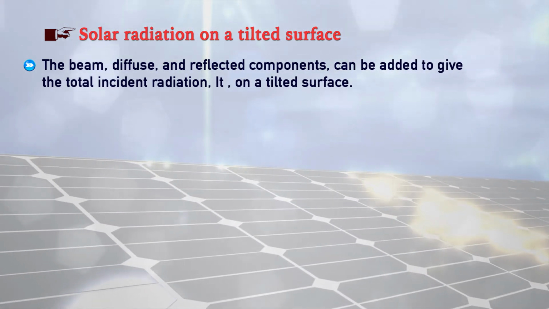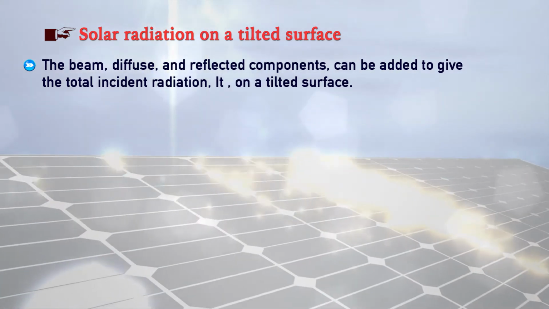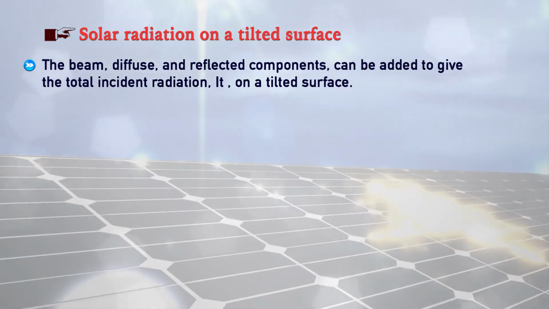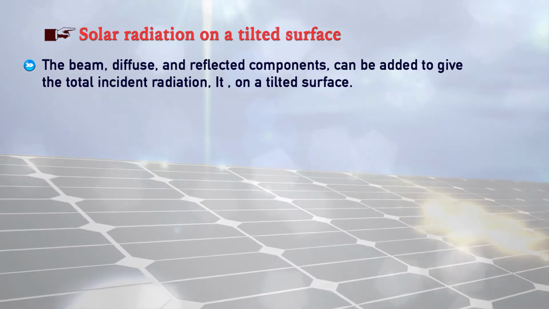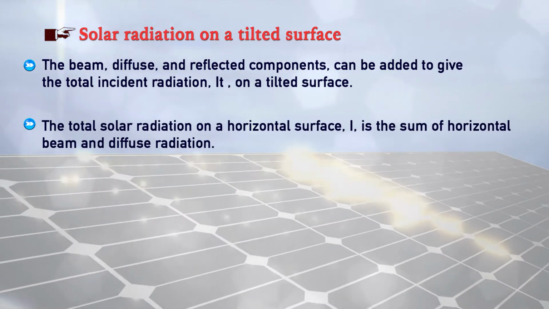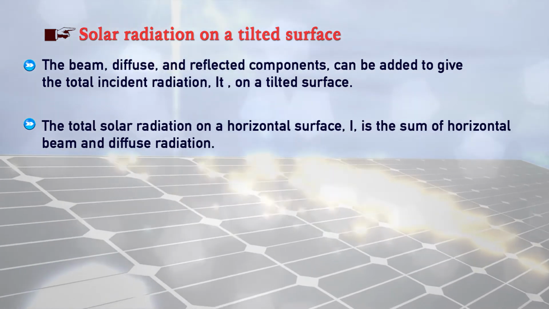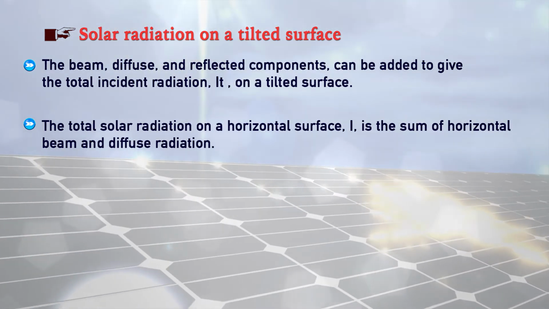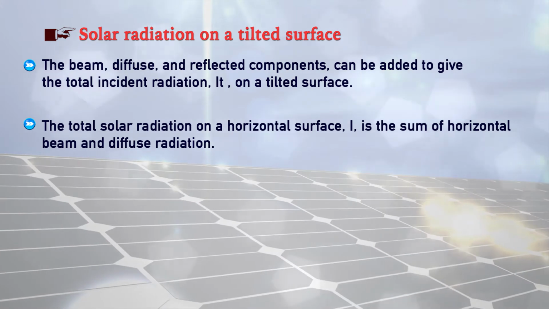The beam, diffuse and reflected components can be added to give the total incident radiation, that is IT, on a tilted surface. The total solar radiation on a horizontal surface I is the sum of horizontal beam and diffuse radiation.